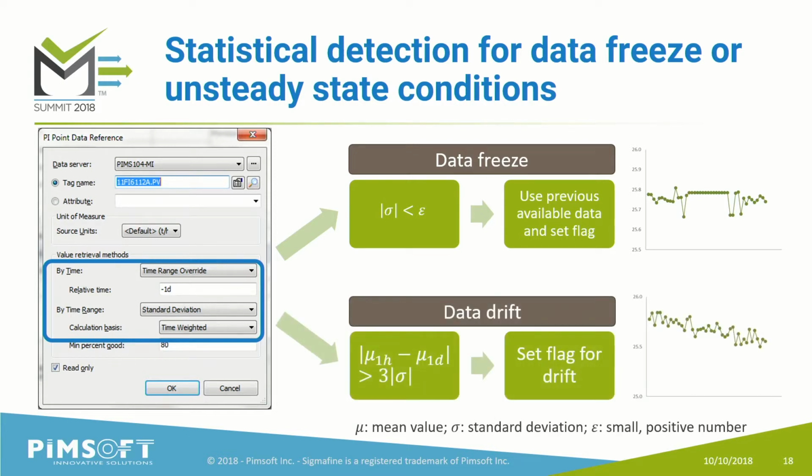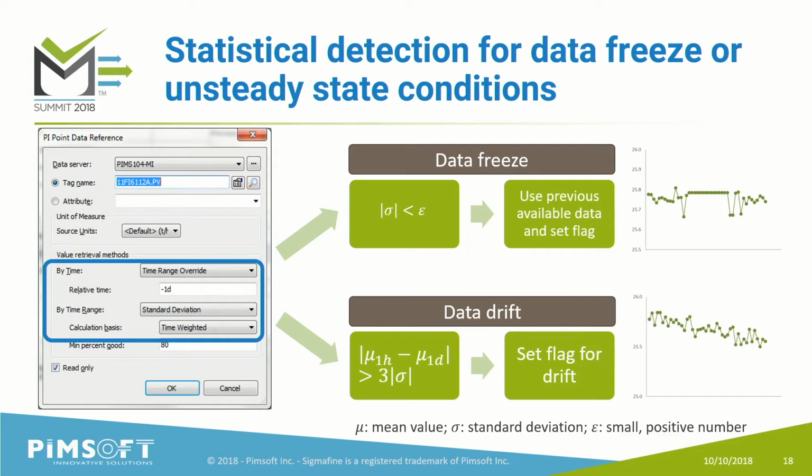For data drifts, again, there are several methodologies. Again, we tried to find one which was simple enough to be very easily implemented within AF. You could compare the average value on a short time frame with respect to a longer time frame.